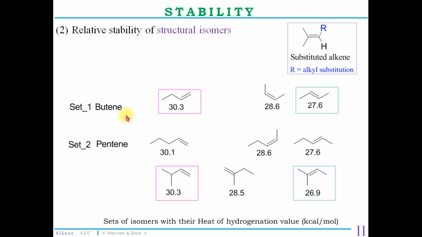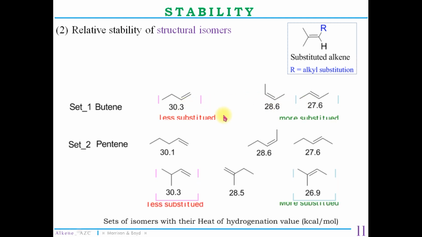We can see in set 1 these structural isomers have the highest heat of hydrogenation value, and these have the lowest, and in set 2 these isomers have the highest heat of hydrogenation value and these have the lowest. Now, what is the difference between these structural isomers?